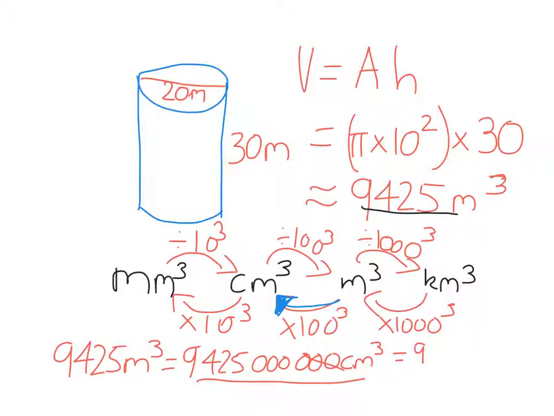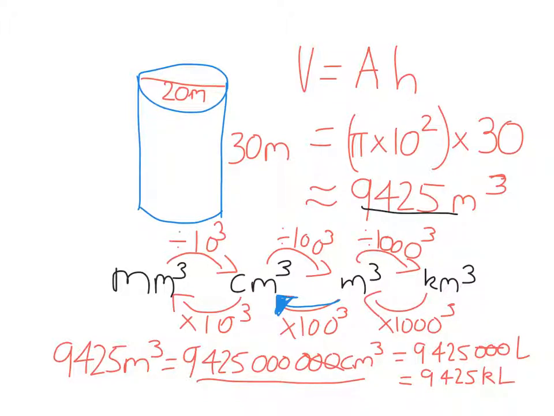So this tank would hold 9,425,000 liters. So we have other measurements for when you've got heaps of liters. So I have a measurement called kiloliters, which means 1,000 liters. So if I divide this by 1,000 again, I can write it like this: 9,425 kiloliters.